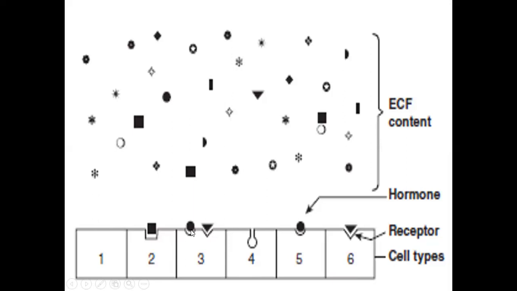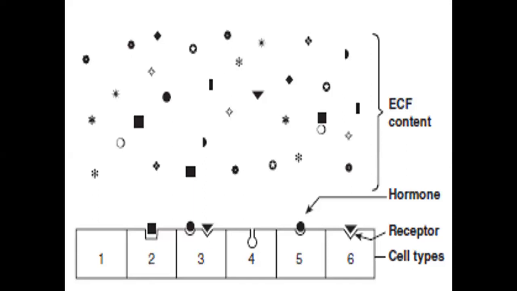Or a cell may have a receptor, but no hormone is found in the vicinity, so no one will bind to this receptor. With the discovery of specific cell surface and intracellular hormone receptors, the definition of a target has been expanded to include any cell.